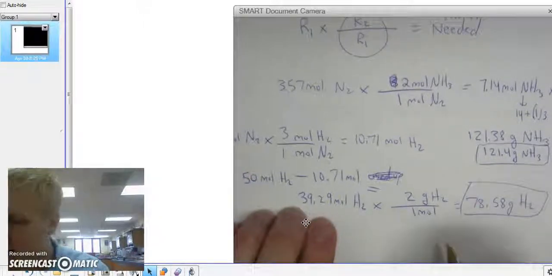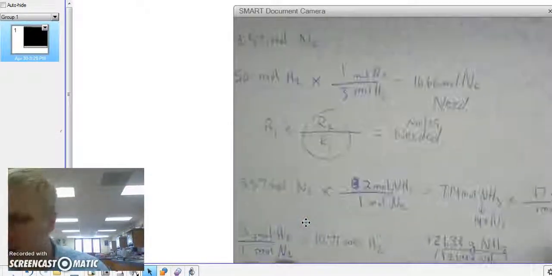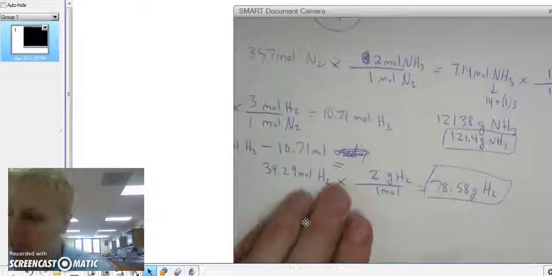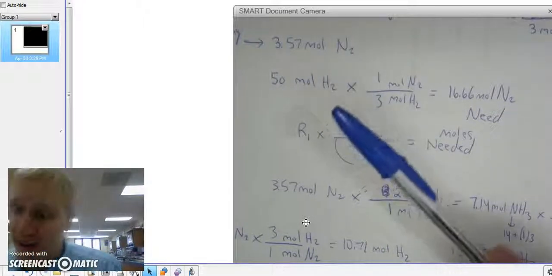That is my final answer. Going back, we've got 100.0 grams, which is 4 sig figs, so the final answer, 78.58, is 4 sig figs. And that is how you use limiting reactants and stoichiometry to find your answer.